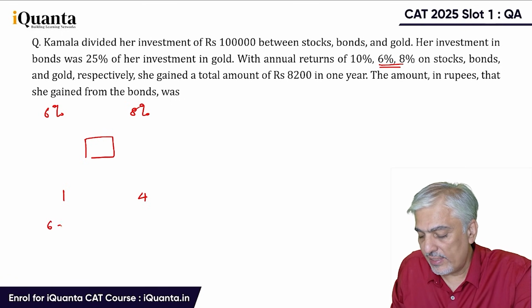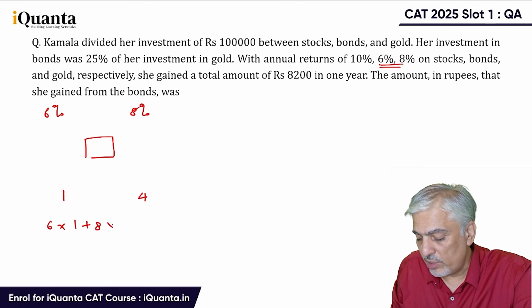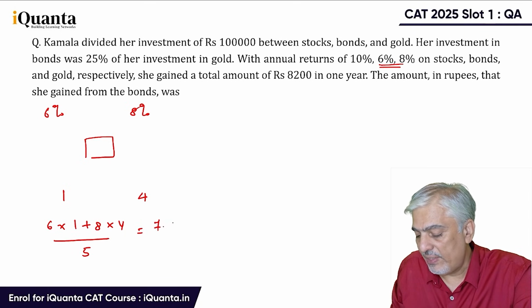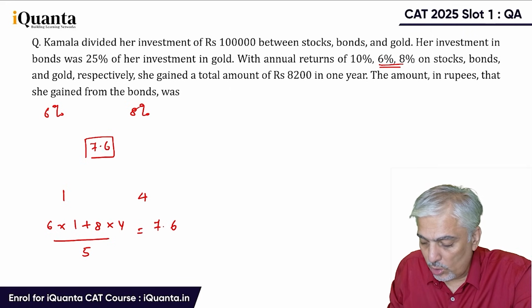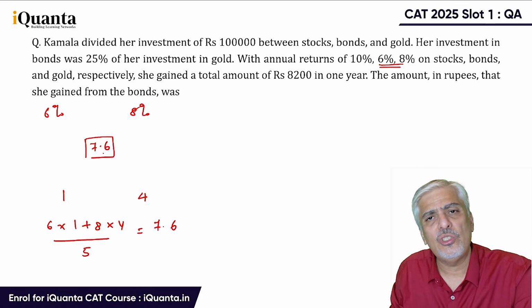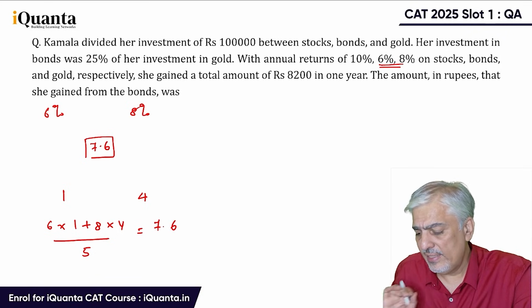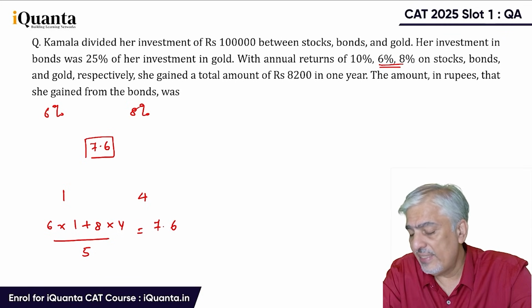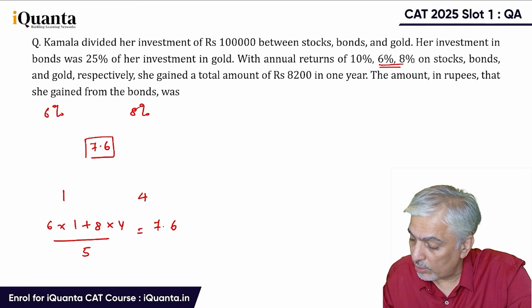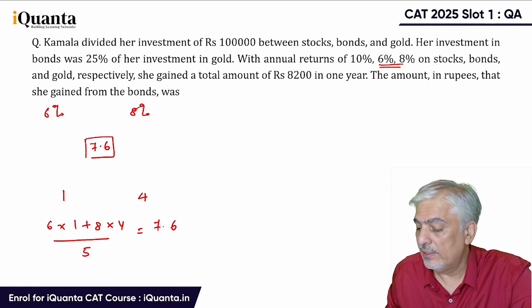This number can be calculated as 6 ones are 6 plus 8 fours are 32 divided by 1 plus 4, 5. 38 divided by 5, 7.6%. You can also do this by other approaches, which very frankly right now are not needed. 7.6% is the returns I would get from gold and bonds, right?